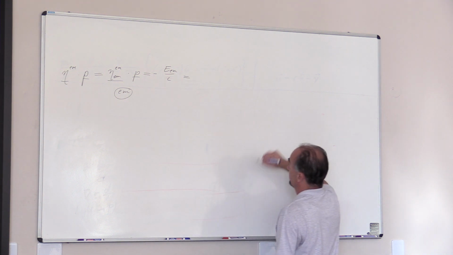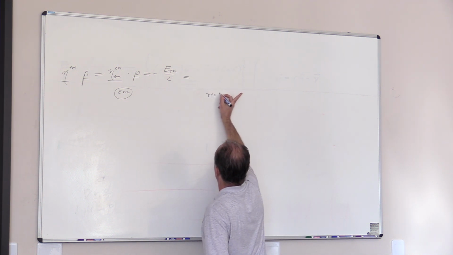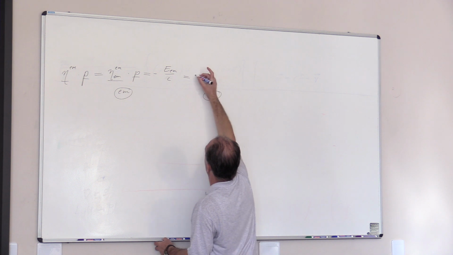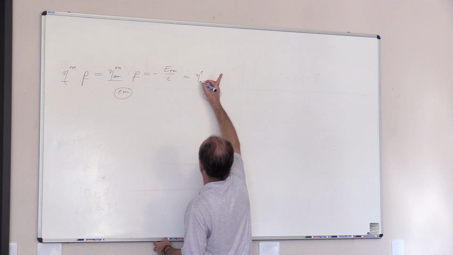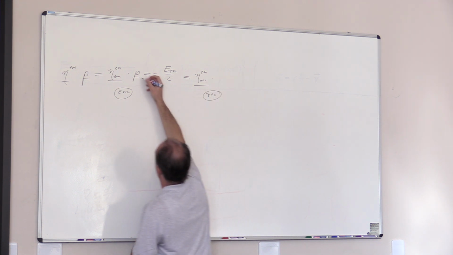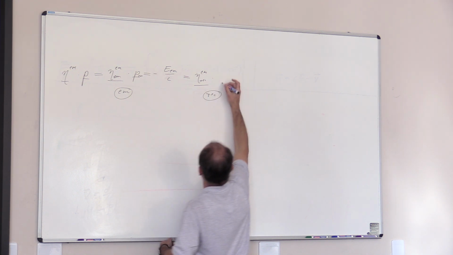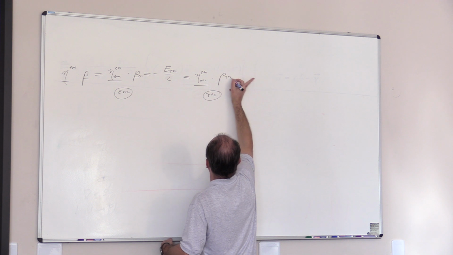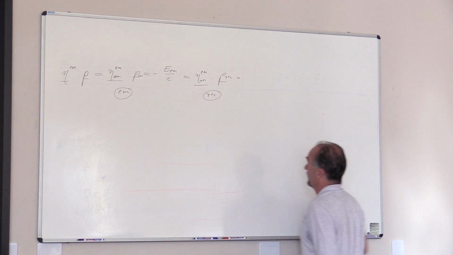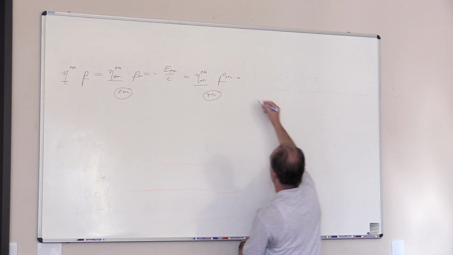Alright, but now we do this for the receiver's frame. There we have eta of the emitter's frame in the receiver's frame, and P, again what was emitted, in the receiver's frame. Well, now it becomes a little trickier.